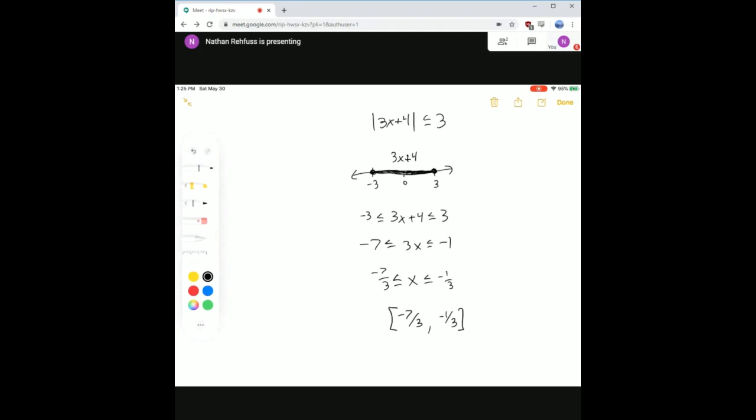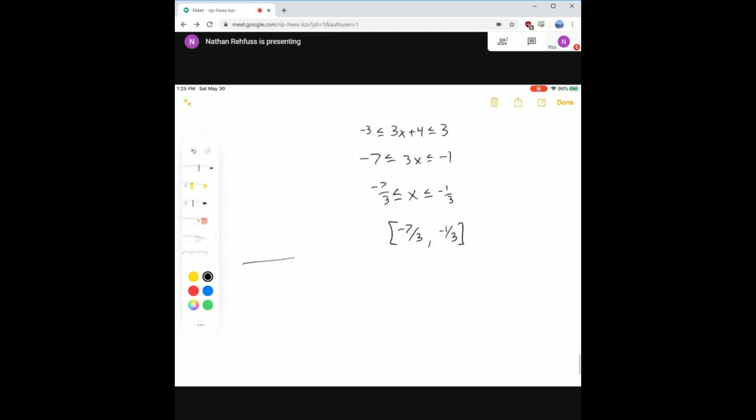Let's do 5 more. I know, right? No, let's do 5 more. We're going to see some weird special cases we can get into. So what if I said -4 is greater than or equal to -2 times the absolute value of 3x plus 1?